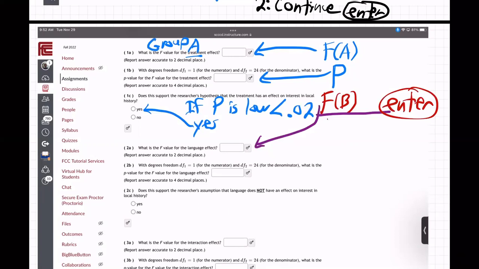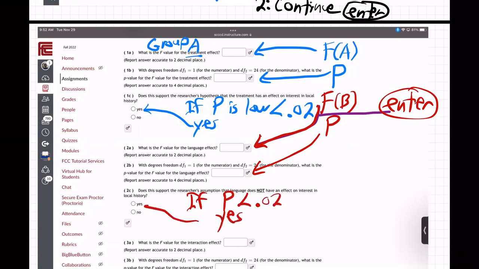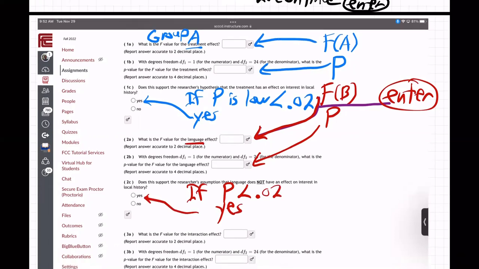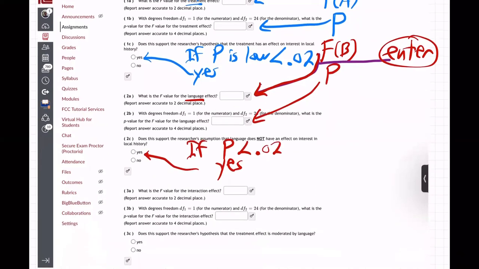Then it'll show you the second page, which will give you that p-value. And those go there. And again, if the P is less than 0.02, then it's a yes. Otherwise, it's a no. And that would be for language. Does language affect how well they do in their history class?